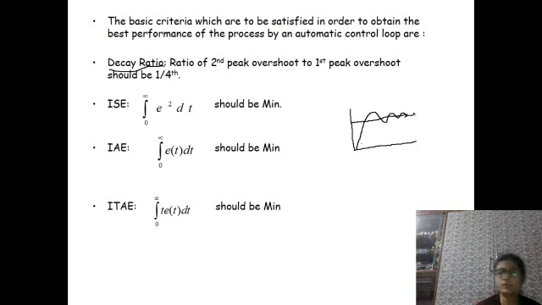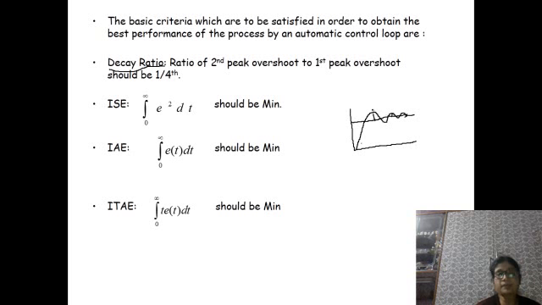This is the normal procedure of attaining the steady state condition of a process value. So this is the first peak overshoot and this is the second peak overshoot. The ratio of the second peak overshoot to the first peak overshoot is the decay ratio.